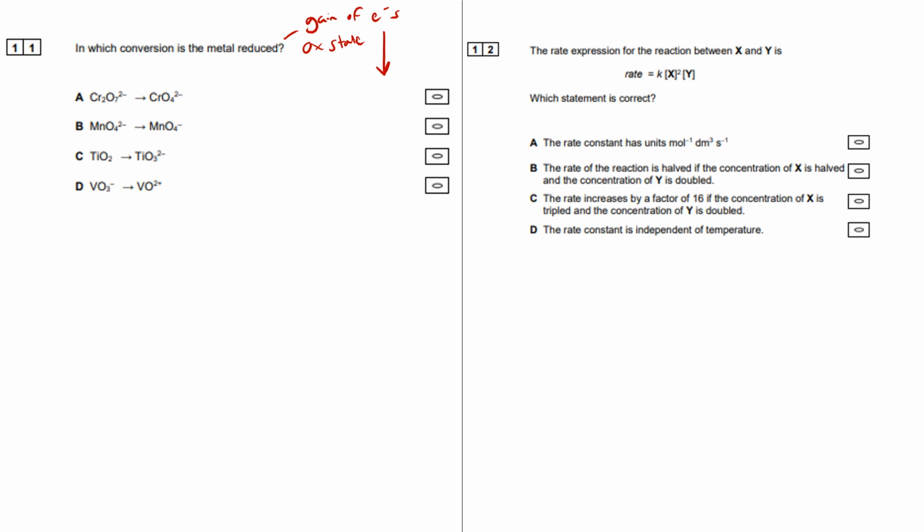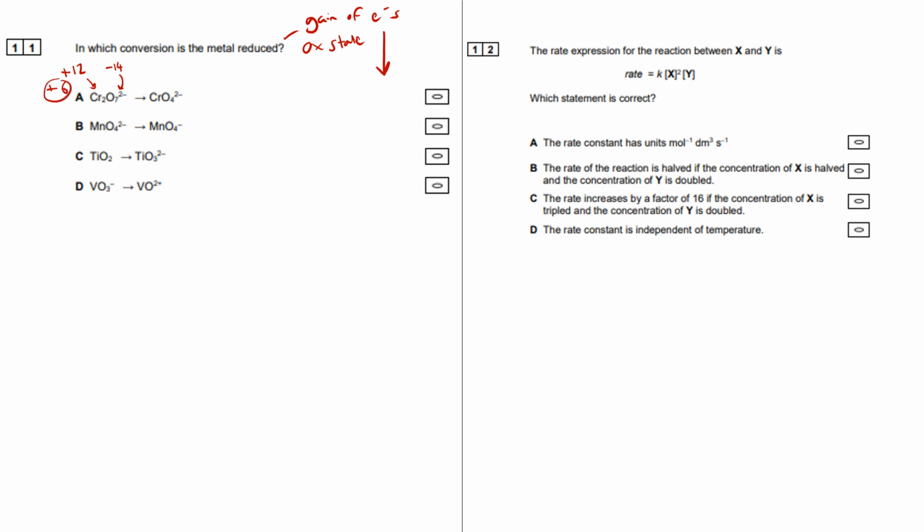So going through the oxidation states of each one of these here. So dichromate, if you've got 7 oxygens, that adds up to minus 14, so each oxygen is minus 2. How do you get from minus 14 to the overall charge? You must add 12. So the 2 chromiums must be plus 12, each chromium is plus 6.